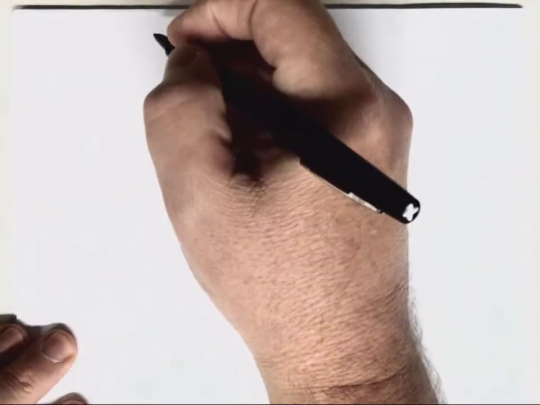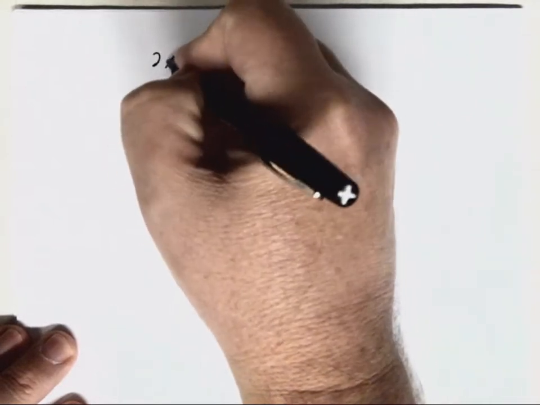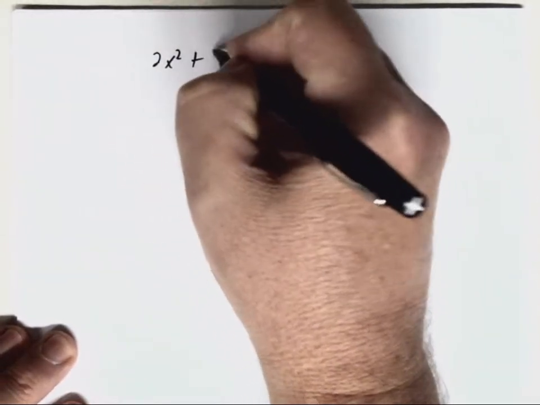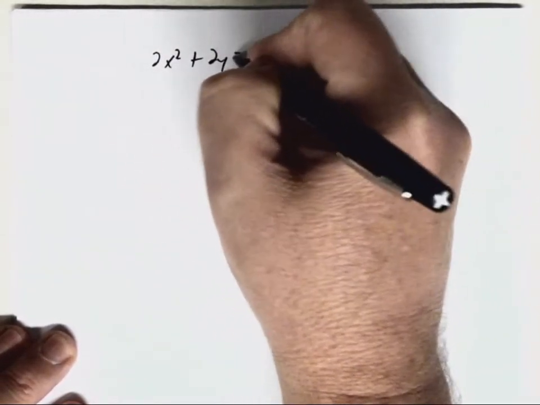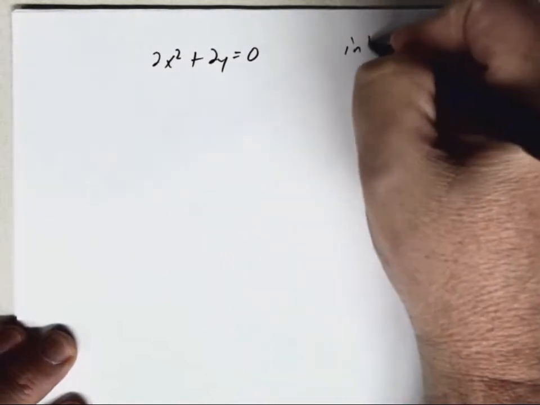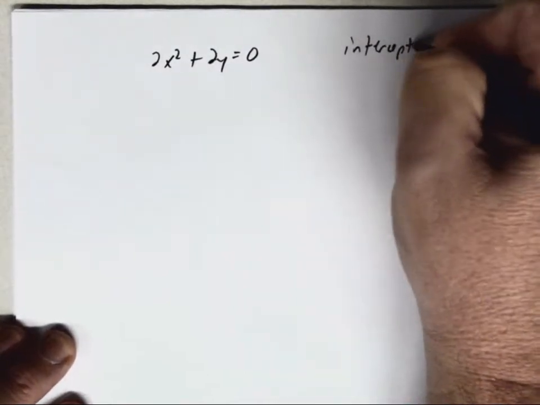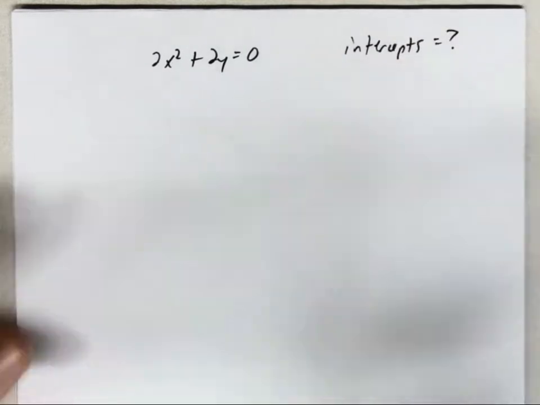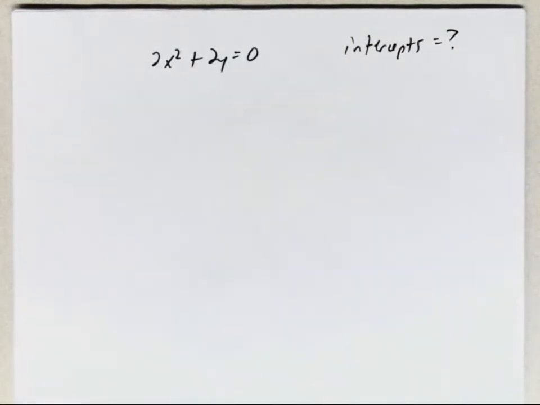How about if you were given this equation? A lot of times they'll just say, find the intercepts. Now when they say that, we know there's two types of intercepts, x-intercepts and y-intercepts. So we want to find both.